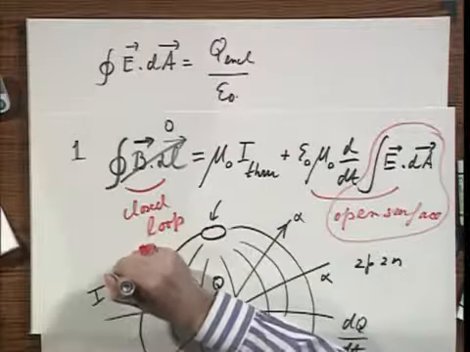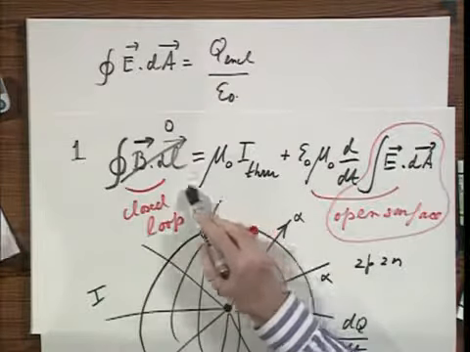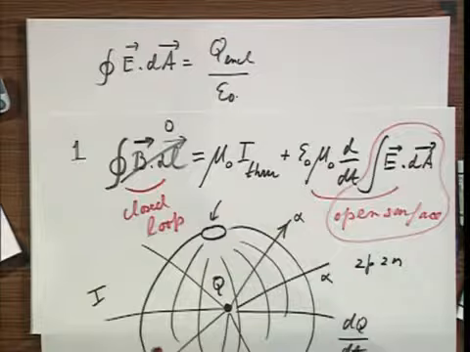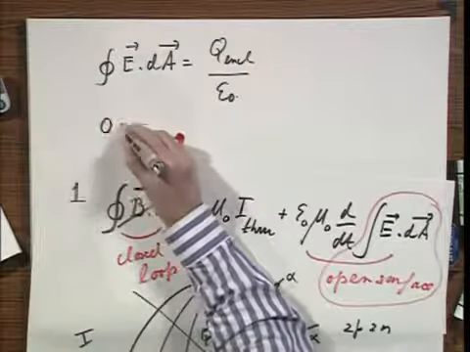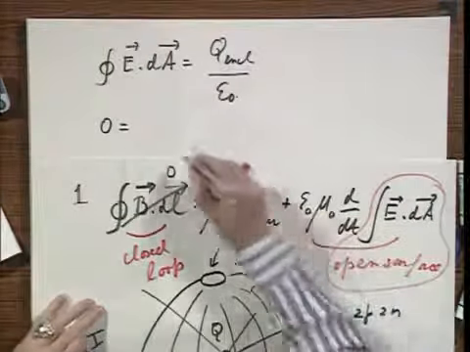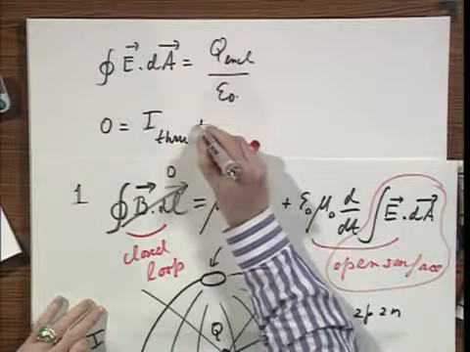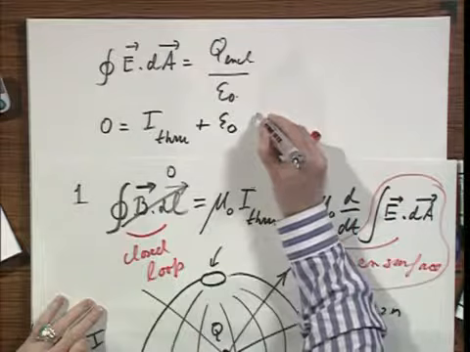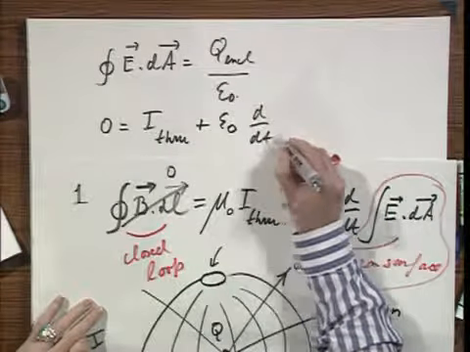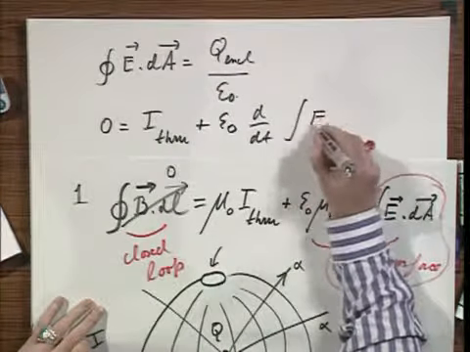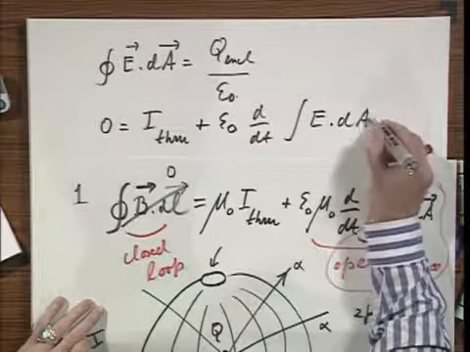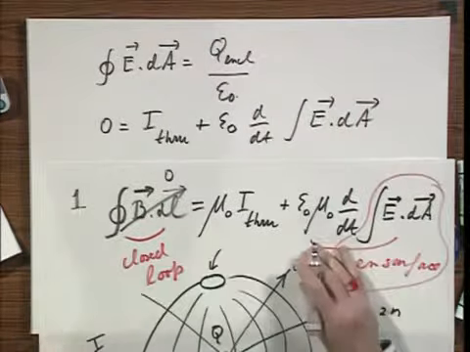And so what I have now is that 0 equals, forget the mu 0, I lose that on both sides, I through plus epsilon 0 times d dt times the integral of the electric flux through that open surface.